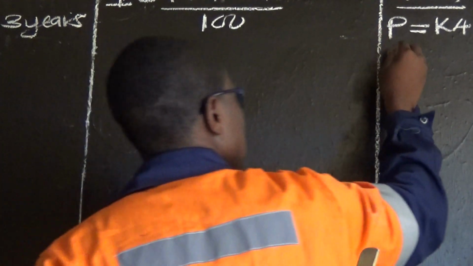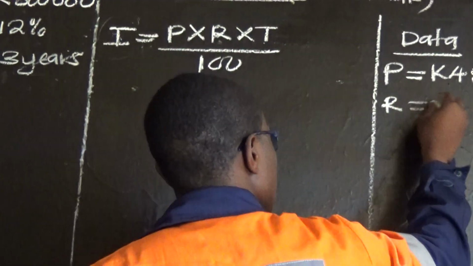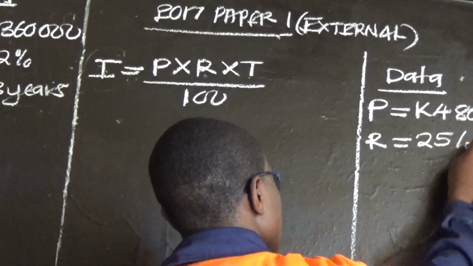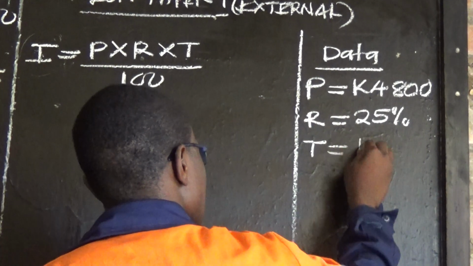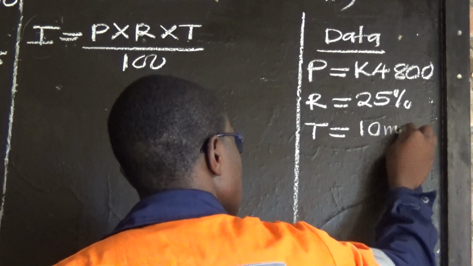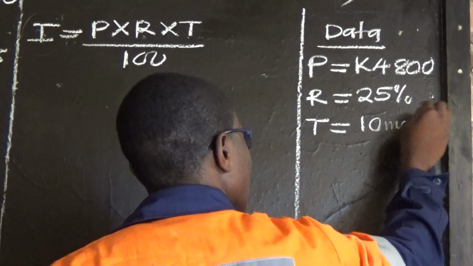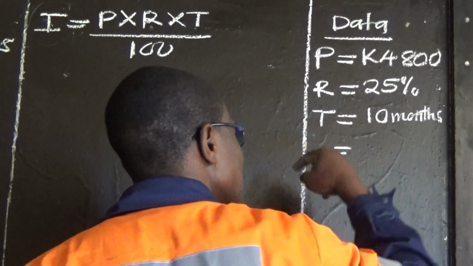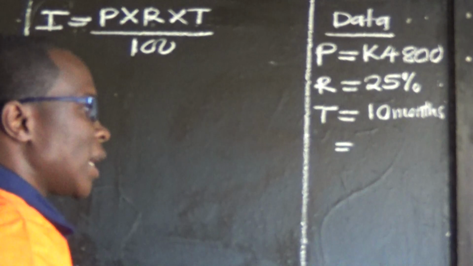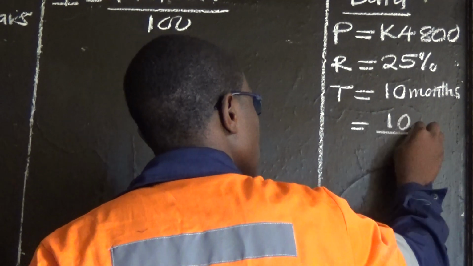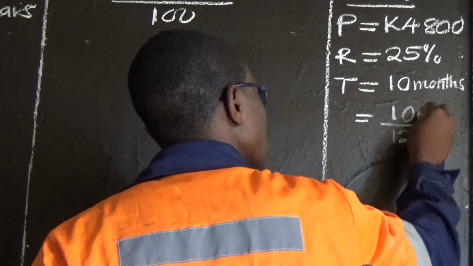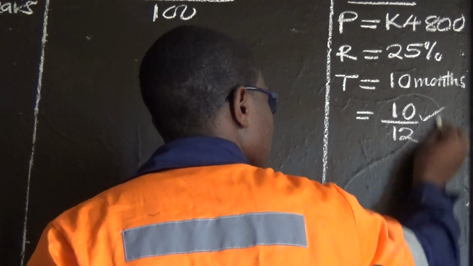Then our rate, which is in percentage, is 25%. And our time, it's what, guys? It's 10 months. Now remember what I said, if the time has been given in months, you convert the months into years by dividing by 12. So 10 over 12. This is our time.